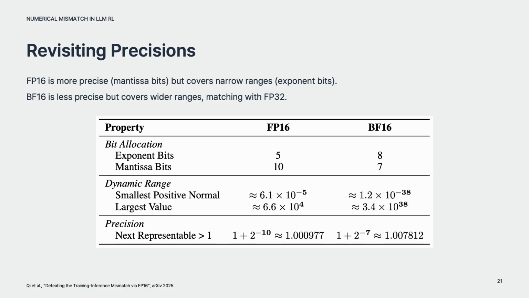Float point 16 allocates more bits to the mantissa, which gives it a higher numerical precision but a narrow dynamic range. In contrast, BF16 allocates more bits to the exponent, which gives it a wider dynamic range, yielding a range similar to float point 32, but at a cost: mantissa precision is lower.